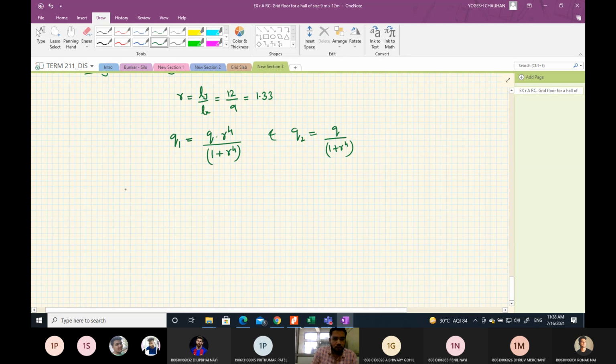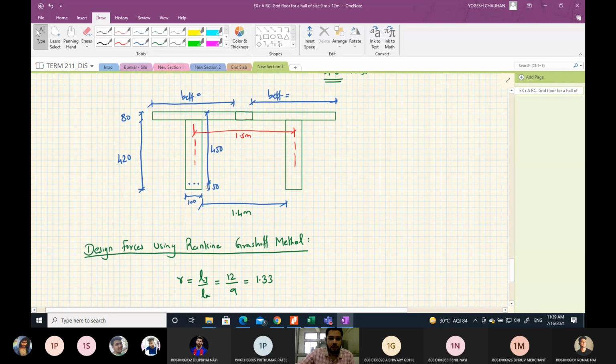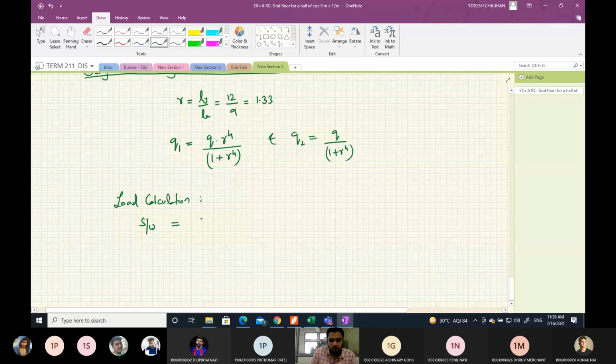So, load calculation. First is the self weight. So self weight will be equal to a solid slab of 500 mm depth minus, 9 by 12 by 0.5, that is the floor area considering solid slab of thickness 0.5.